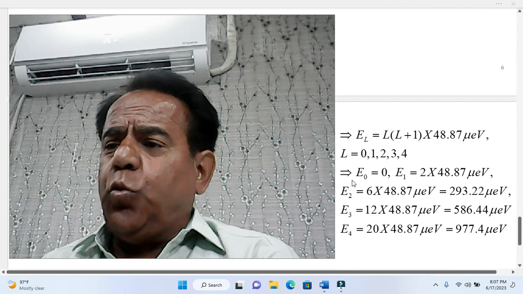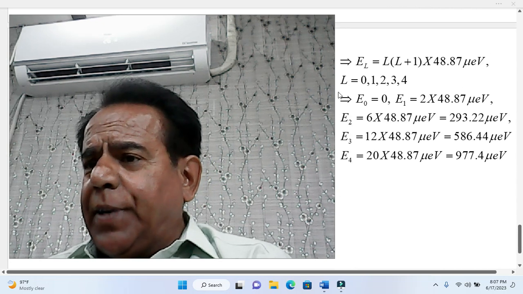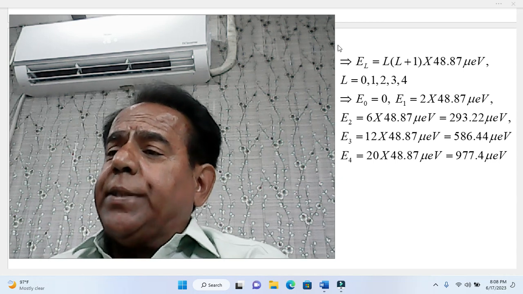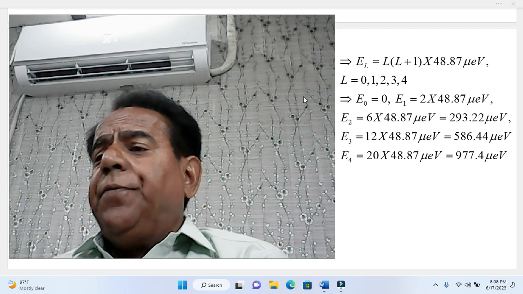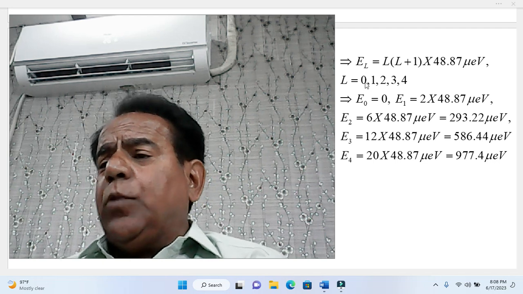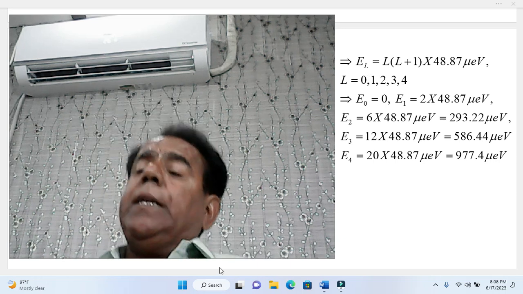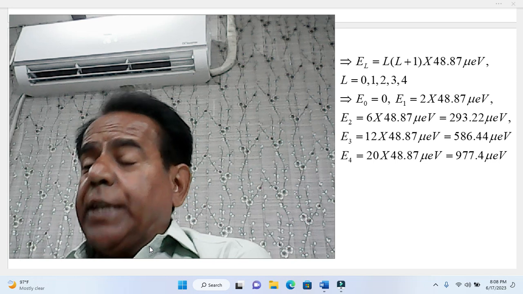Okay, so this implies that EL is equal to this, where L is equal to 0, 1, 2, 3, 4. Okay, this is just a foundation or basic formula for us, and now we will put the value of L equal to 0, then 1, then 2, then 3, and then 4, and we will get the required rotational energy levels.